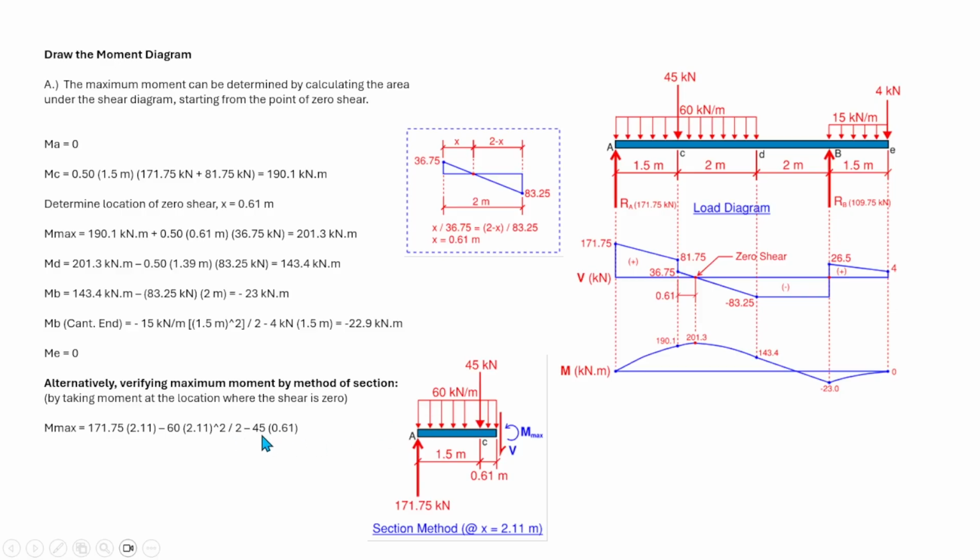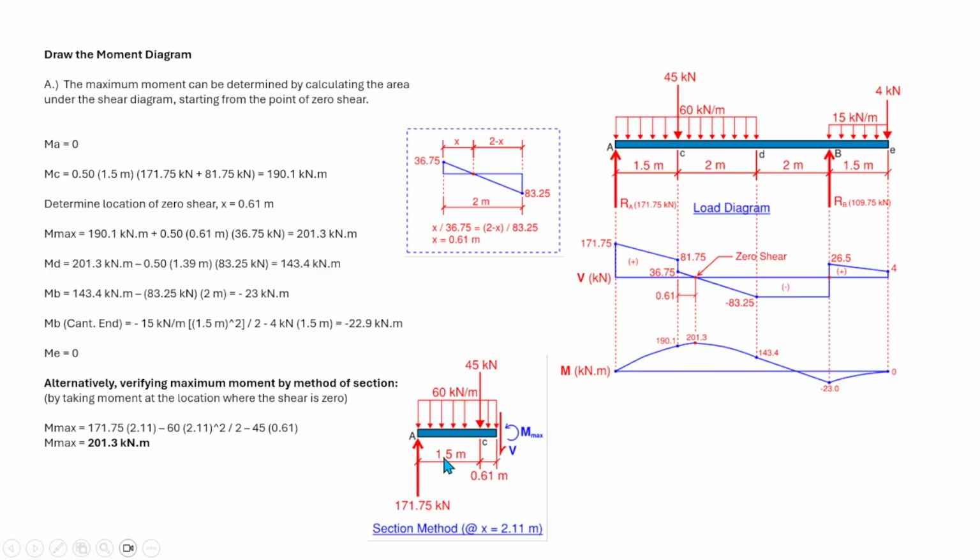Minus 45 kilonewton times 0.61, that is counterclockwise. That's why this term here is negative. So the maximum moment is equal to 201.3 kilonewton meter, the same result that you will get from the area under the shear diagram.